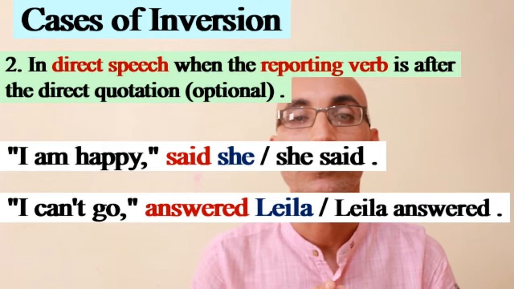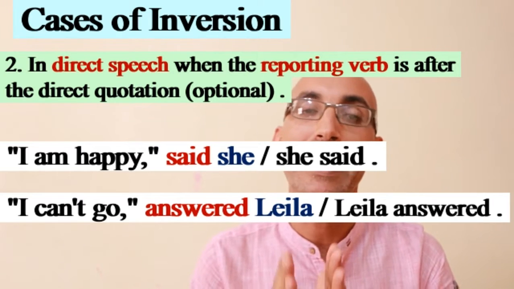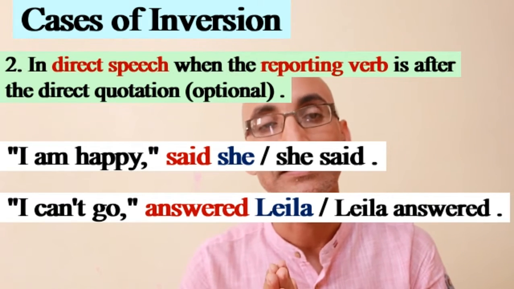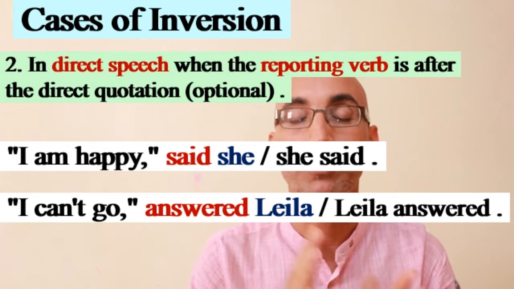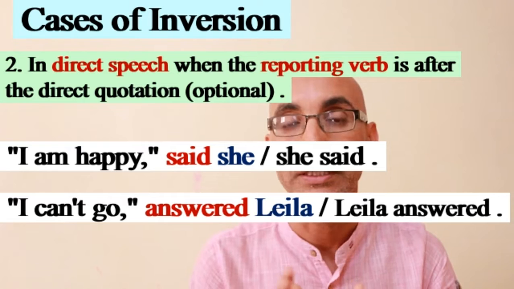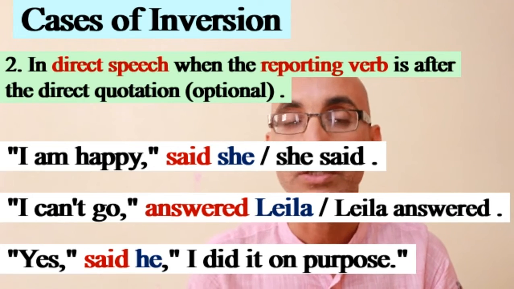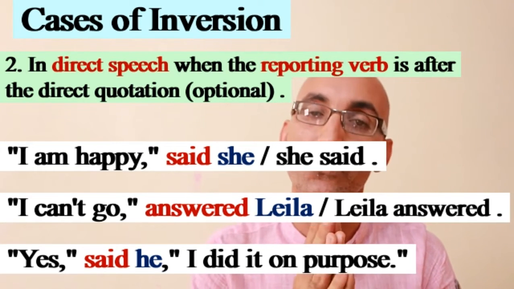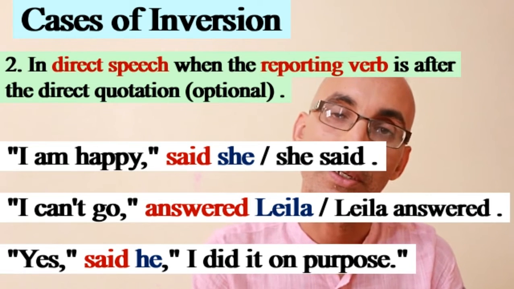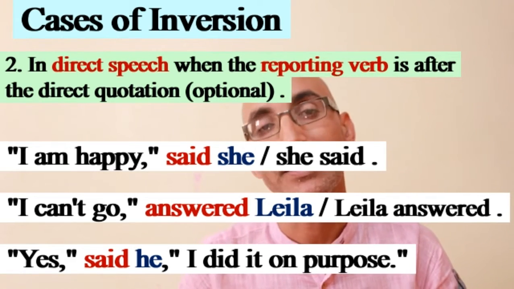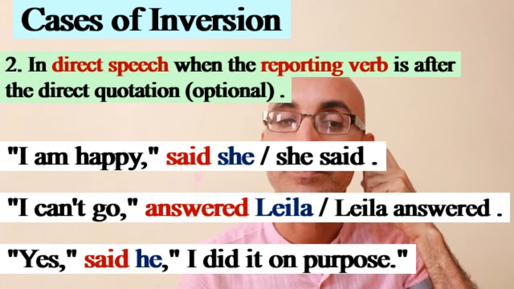I can't go, answered Layla. So usually, when we find the reporting verb after the quote, in English we put the verb then the subject. It's possible to put the verb then subject in a case of inversion.